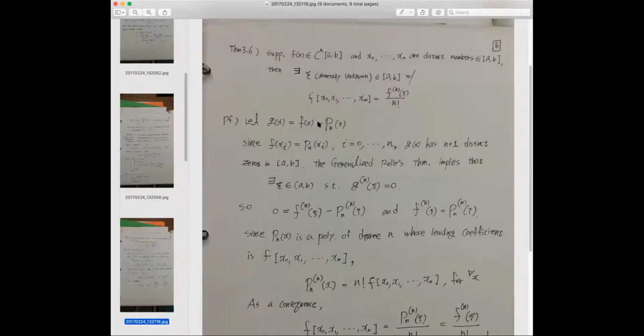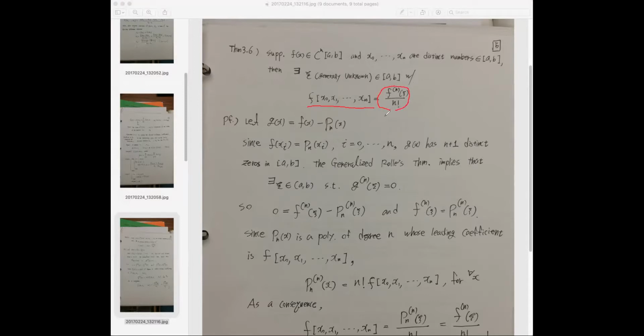Okay, so now what about the error estimate? Let's see theorem 3.6. Suppose f of x is in C^n space and x0 through xn are distinct numbers. Then there exists psi, generally unknown, in the open interval a comma b, with a sub n equal to the nth derivative of f at psi over n factorial.